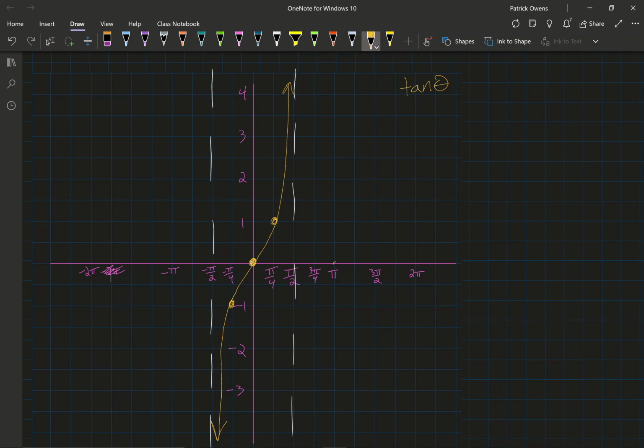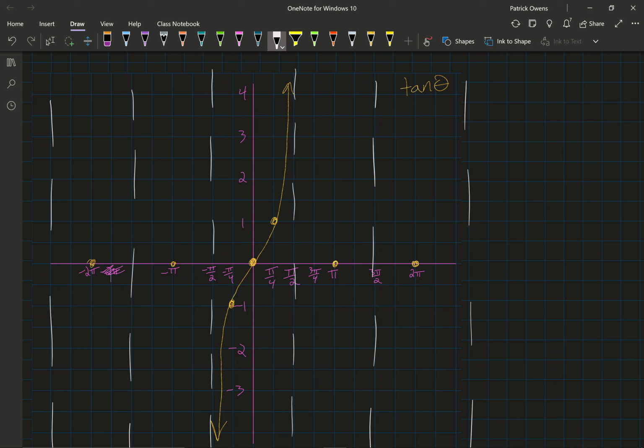So every pi, tangent is going to have a 0. Every one of our odd pi over 2's, so 3 pi over 2, 5 pi over 2, negative pi over 2, negative 3 pi over 2, and so on, tangent will have a vertical asymptote.